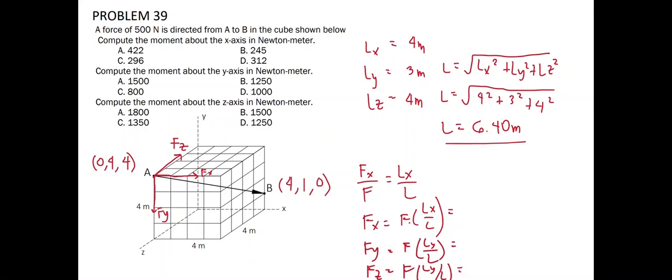So Fx is equal to F, which has a value of 500 newtons, times the x-component of the length, 4 meters, divided by the overall length, 6.4. Doing the same to the other components, we have 500 times Ly divided by L, and for Fz we have 500 newtons times Lz, that is 4 meters, divided by L, 6.40.